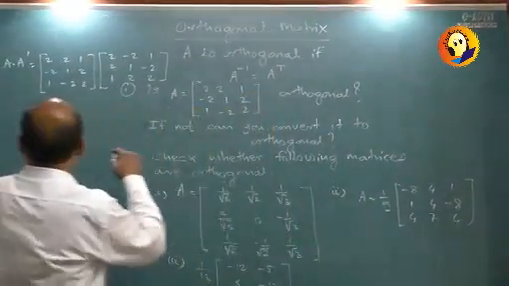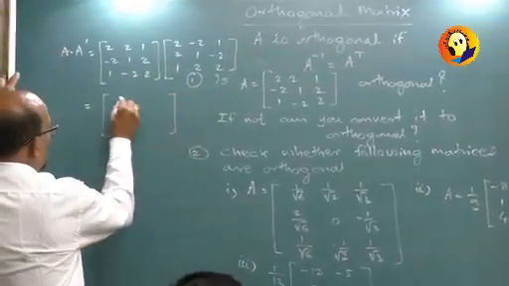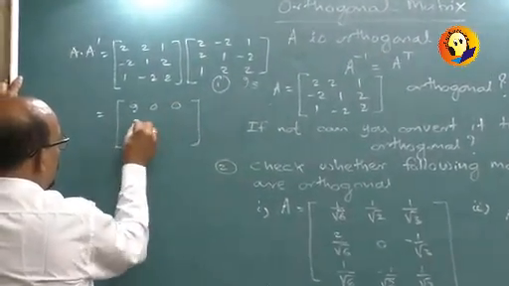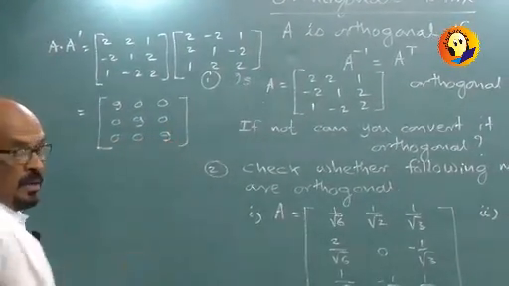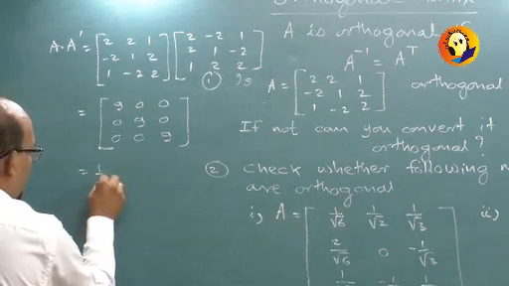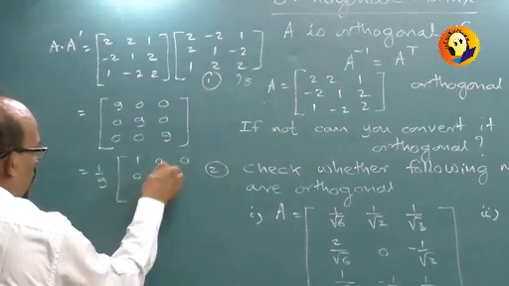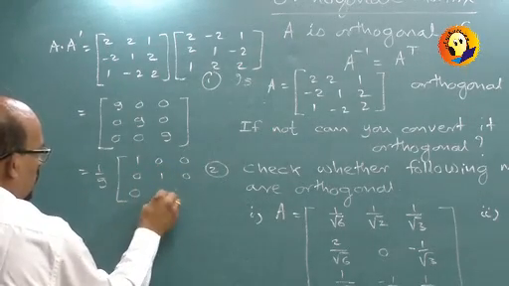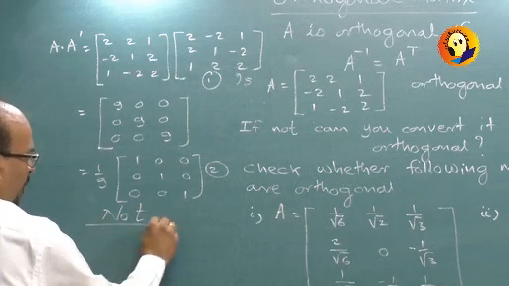In the first case, what is A into A dash? It is 9 0 0, 0 9 0, 0 0 9, right? So you will take 1 by 9 outside and it will be 1 0 0, 0 1 0, 0 0 1. So we say that it is not orthogonal.